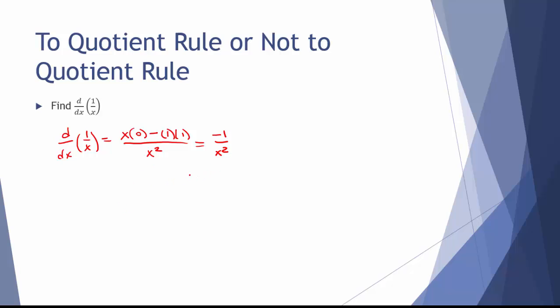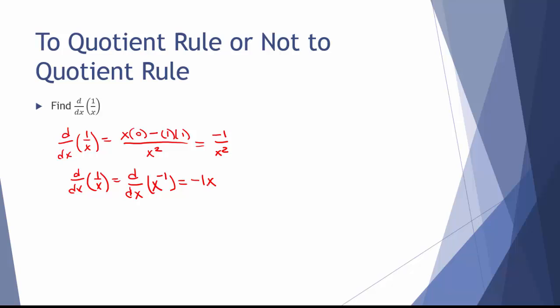There is, however, a slightly faster way to do this. We have actually already made use of this technique in some of the previous examples. You can rewrite 1 over x using negative exponents. Instead of dealing with it as 1 over x, deal with it as x to what power? That'll be -1. Now you can just apply the power rule instead. Drop the -1 down.